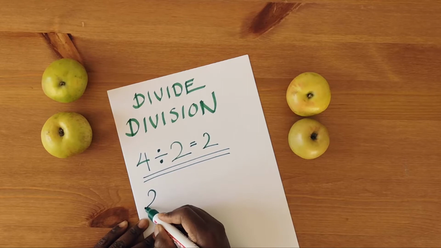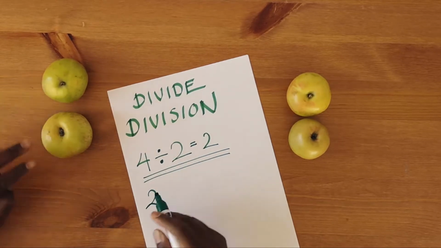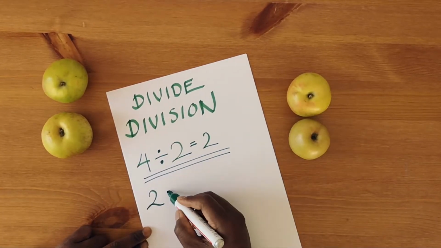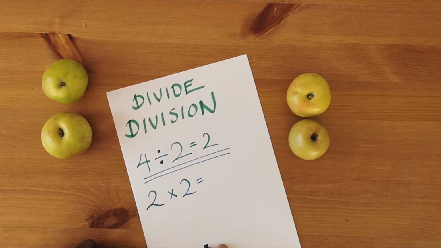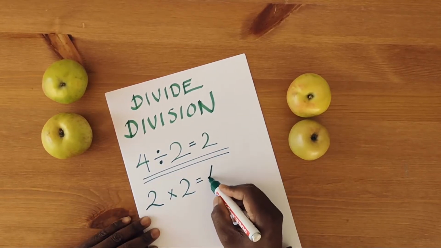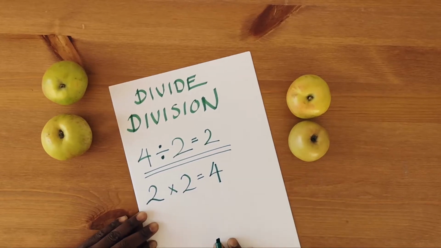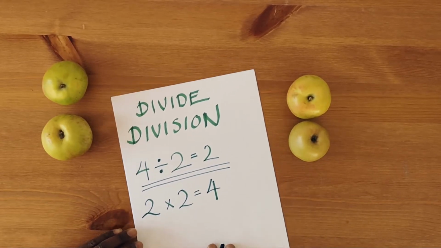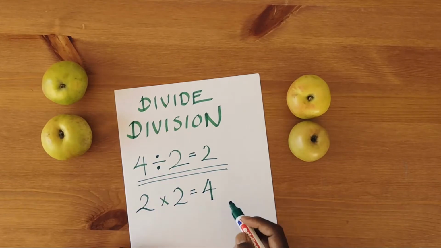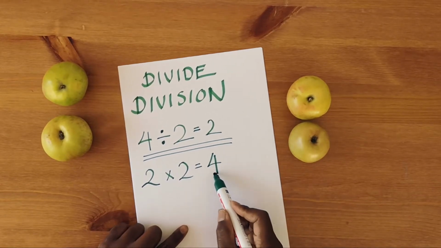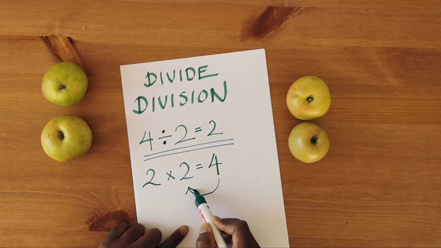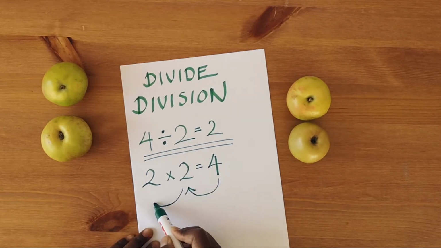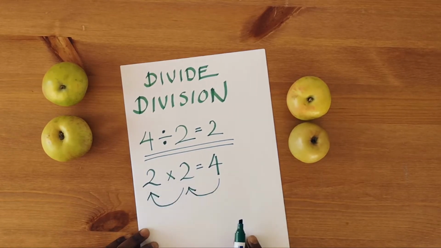Now, division, you might notice, is the opposite of multiplication, because look at this. If I have 2 times 2, that equals 4, doesn't it? We did this in multiplication. And when you go the opposite way, you have 4 divided by 2, that equals 2.